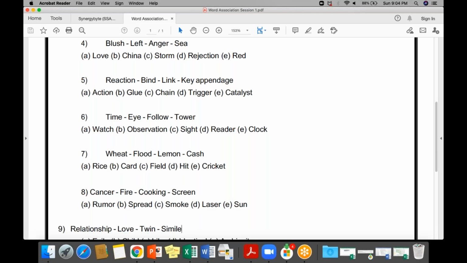We have two types of crops, right? Most of you would have been studying in GK already. One is a cash crop. What is the other kind of crop?